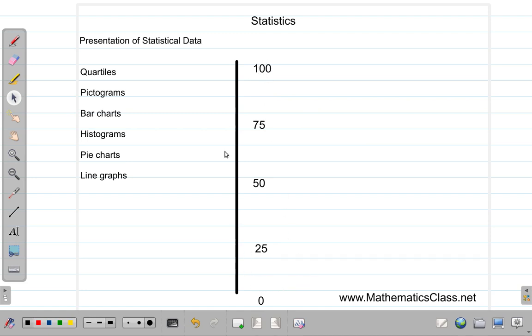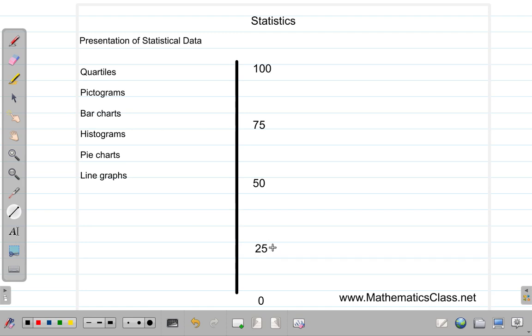Now, as I said, it could be any other number. It could be from 0 to 300. It could even be from 50 to 100, 50 to 200, and so on and so forth. But you actually have 3 divisions here.